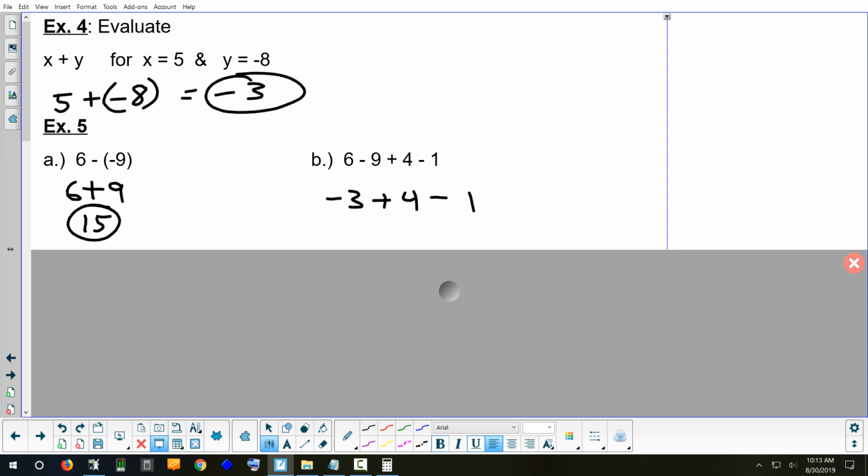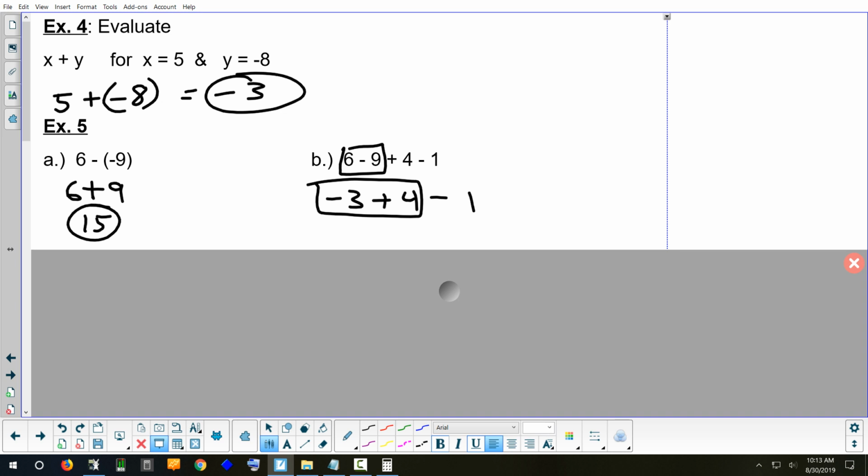Okay, so we did 6 minus 9. Now we're going to focus on that. We're adding with opposite signs. Take the sign of the larger number and then find the difference between 4 and 3. Anyone think they can tell me what you get with -3 plus 4? Yeah, Leilani?